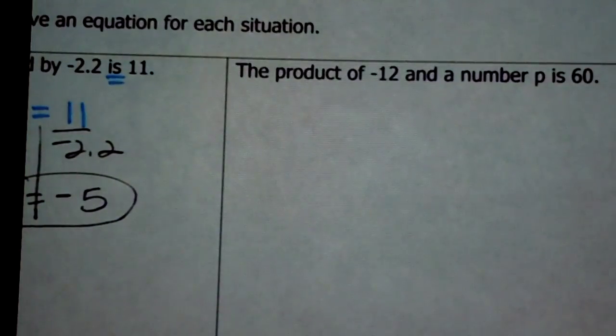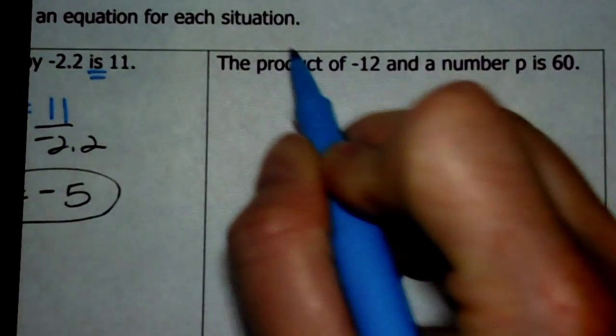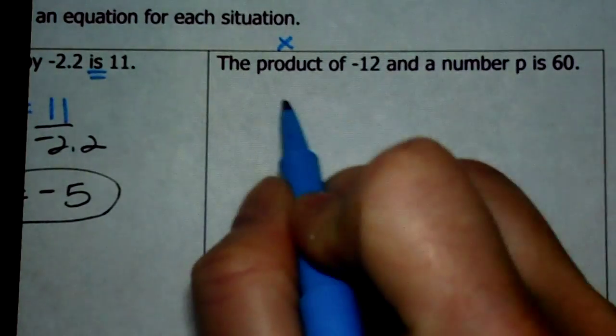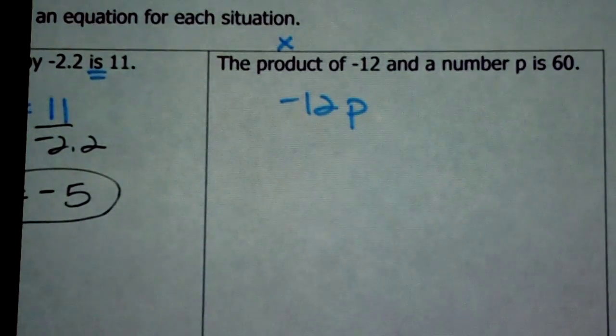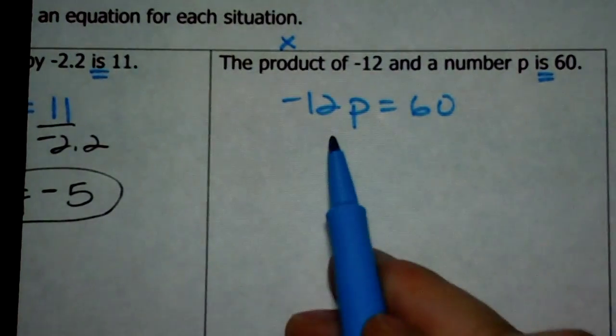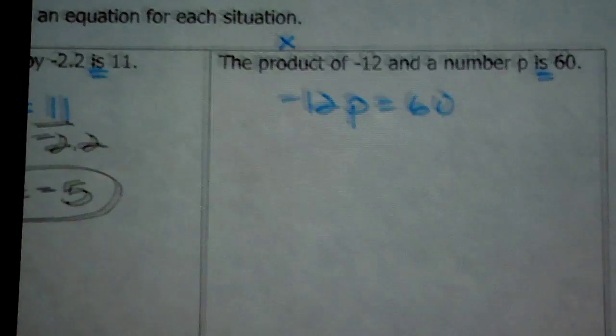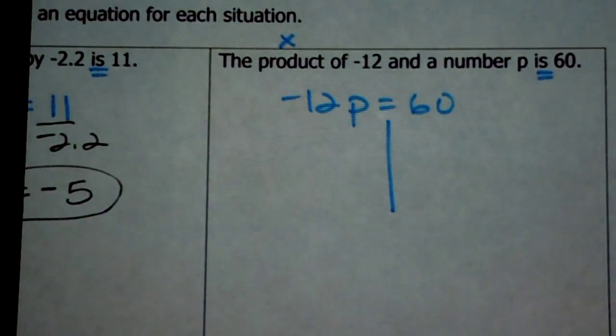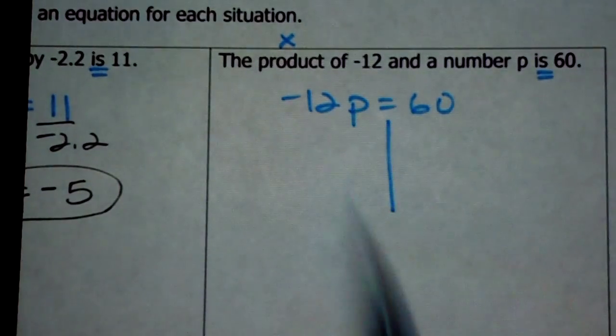The product of, so product means multiplication, right? The product of negative 12 and a number p. So that means I want to take negative 12 times p. And that is 60. So the product of negative 12 and a number p is 60. So negative 12p equals 60. Draw your line. Now right now, p is being multiplied by negative 12.